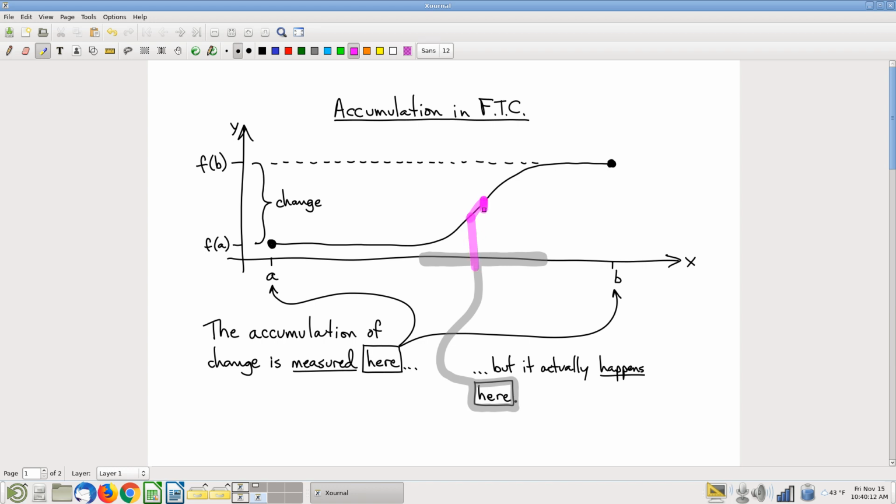Per unit width here, there's a lot of change happening along in there. Whereas, by comparison, over here, you look at an equally sized little piece of the domain over there. How much is the function changing? Well, basically not at all. In that little vicinity, there's no change.